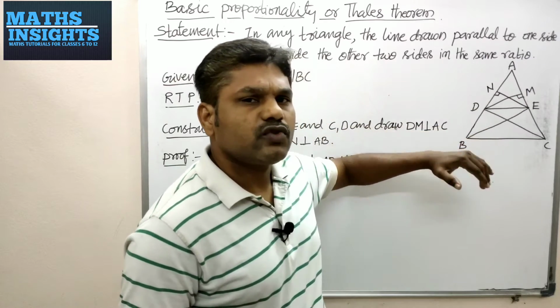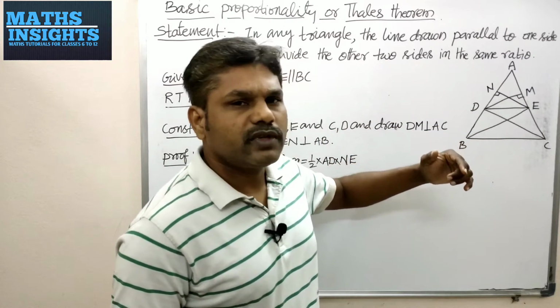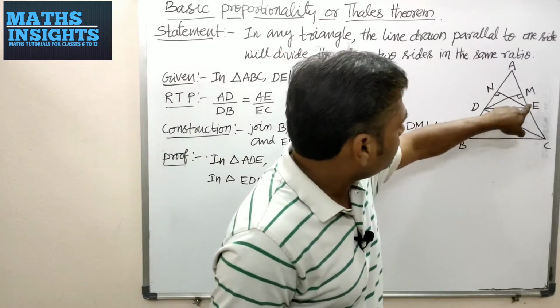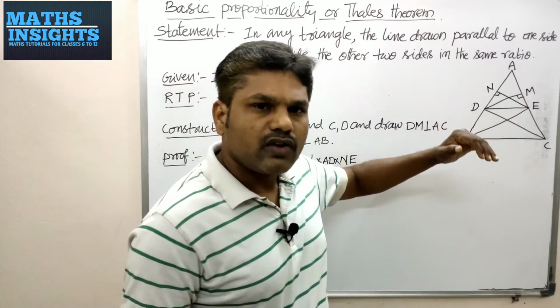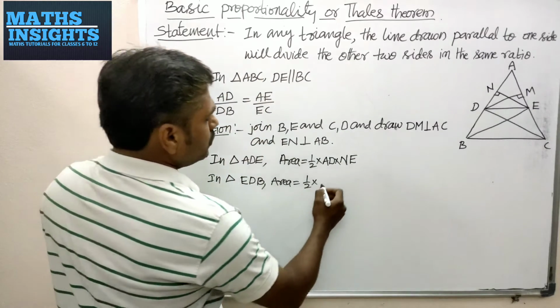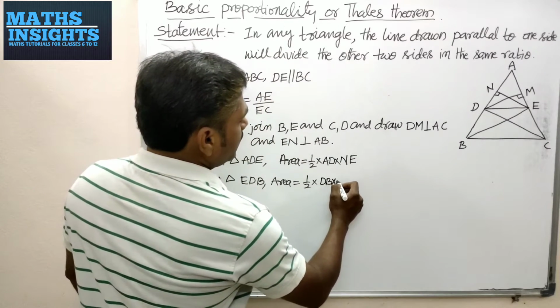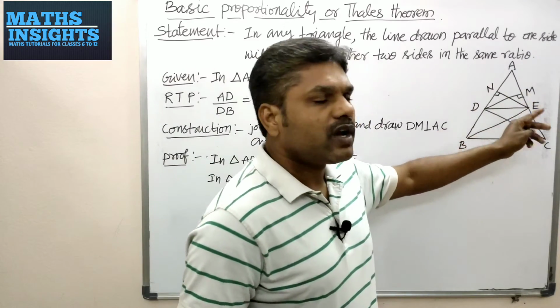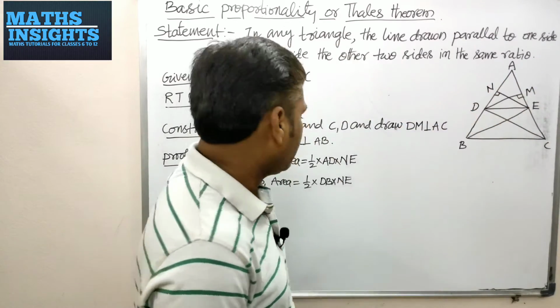For some triangles you may have a perpendicular to the base which is outside the triangle, so NE will become the height to this triangle also. Therefore, half into DB into again NE. Very simple. I am taking the same height for these triangles.